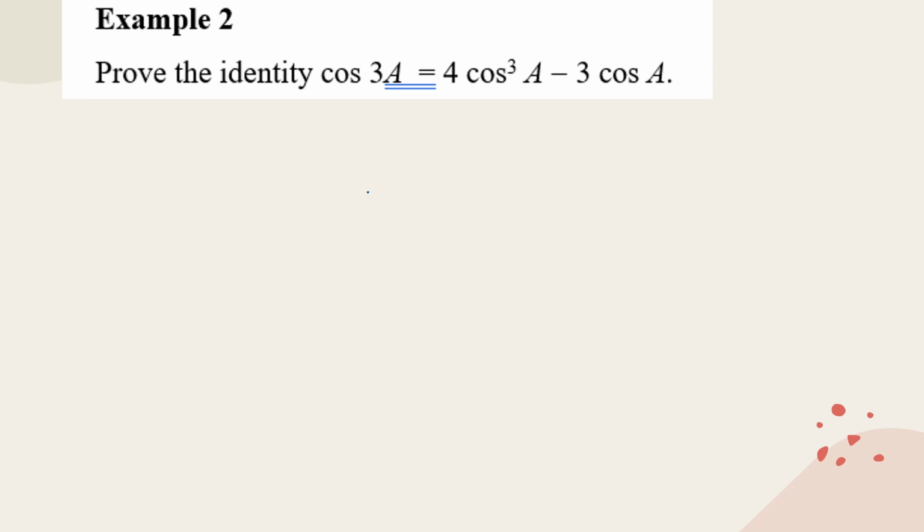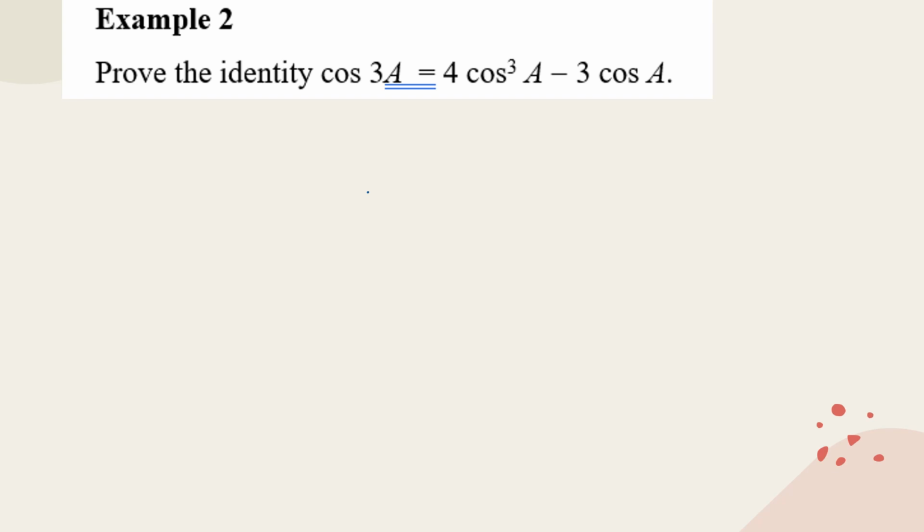That means you work from the left-hand side, do a lot of manipulations, and finally you get the answer that is given on the right-hand side. Or it can be the other way around: you start with the right-hand side and finally arrive at the left-hand side.